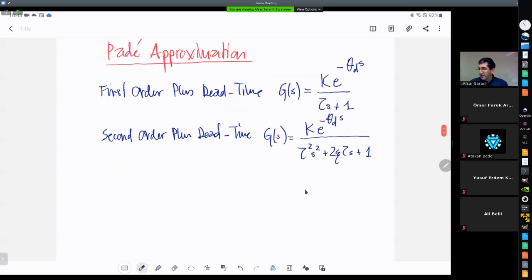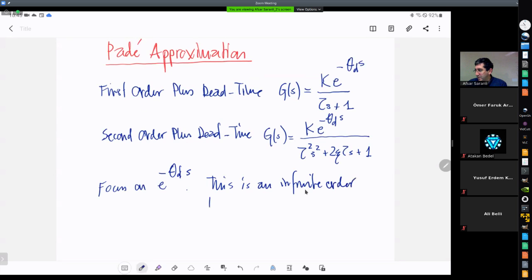But let's now focus on this term. Okay, the exponential term, e to the minus theta d s. Right, this is an infinite order polynomial. That's why systems which have time delay are also sometimes called infinite dimensional systems.